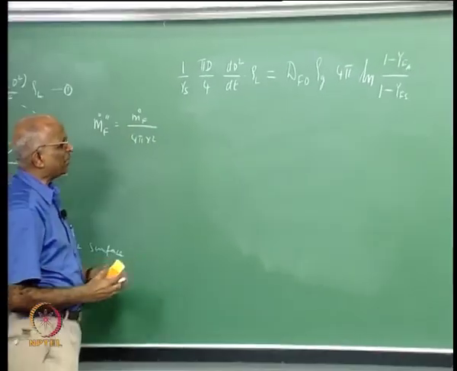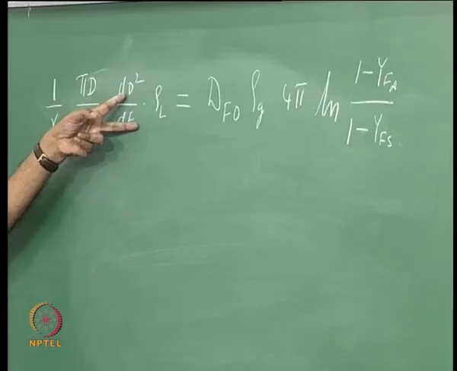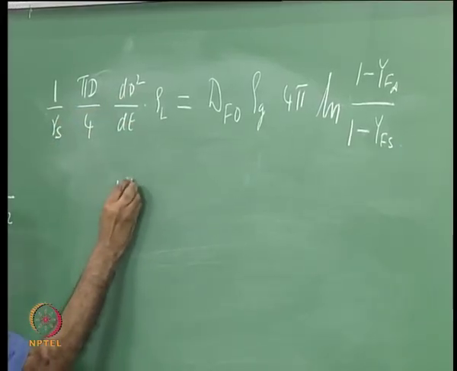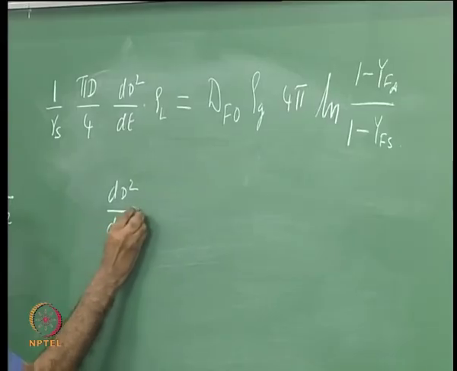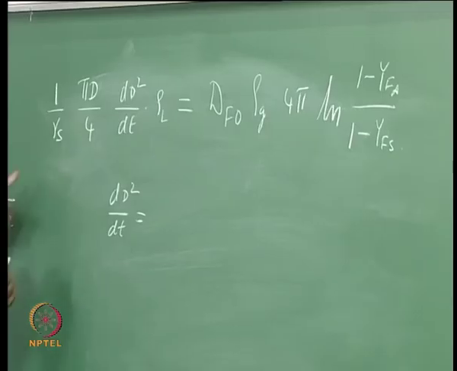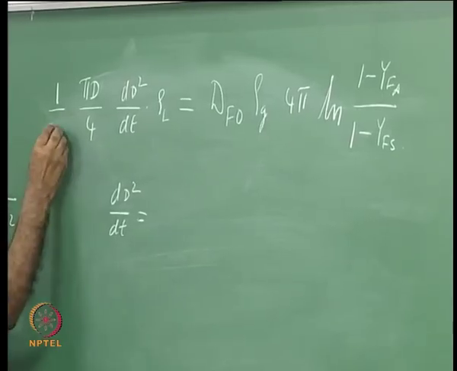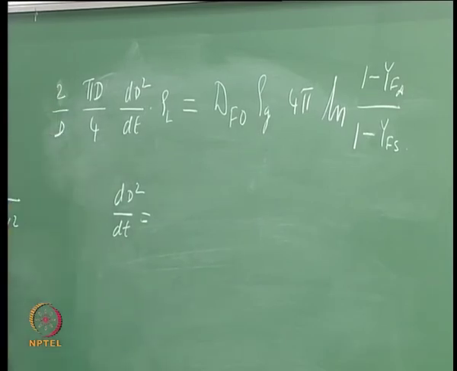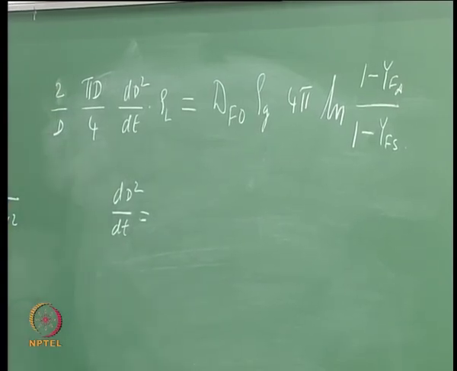What am I interested in? I am interested in solving for the rate of evaporation, which is d D squared by dt, and it is therefore equal to Rs, which I can put in terms of diameter, equal to D by 2. And therefore what do I get?